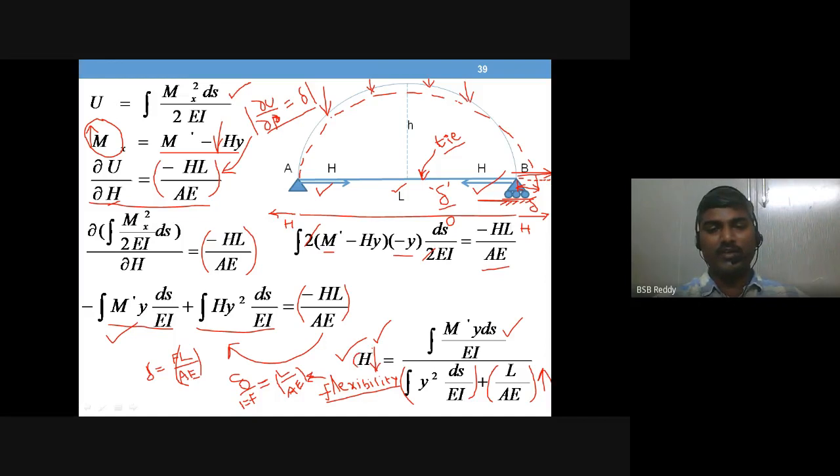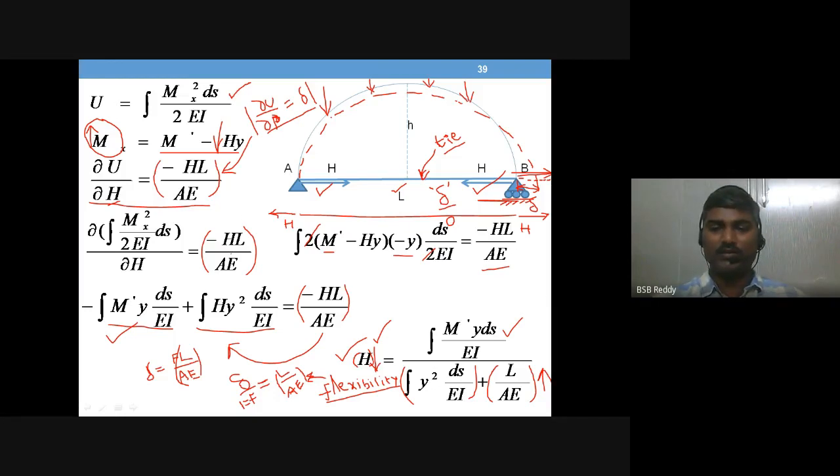Because of the reduction in horizontal thrust, bending moment is going to increase in the arch, and similarly the bending stresses increase.